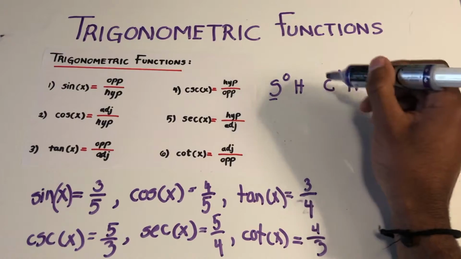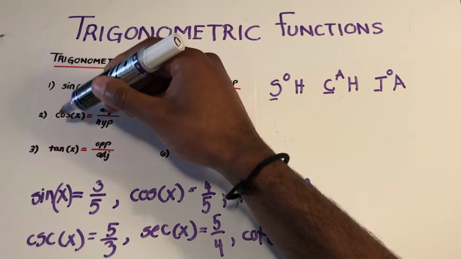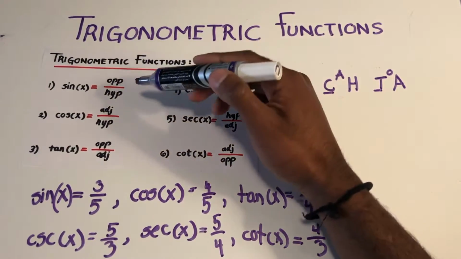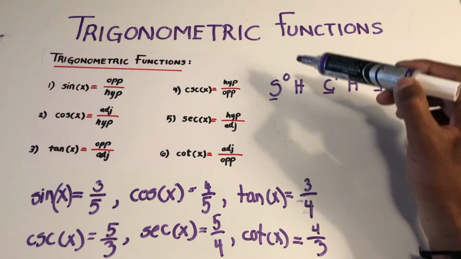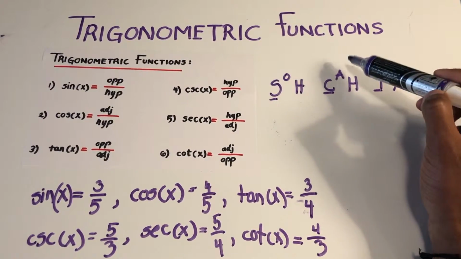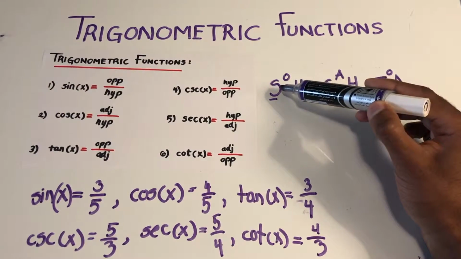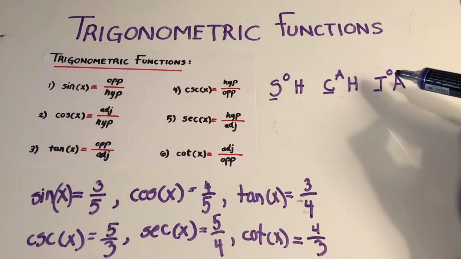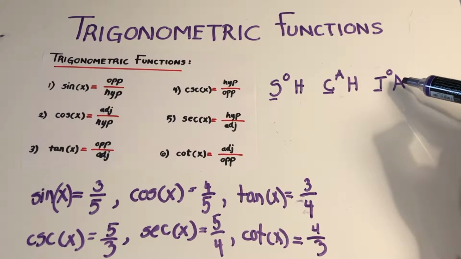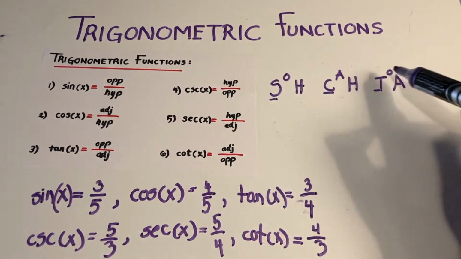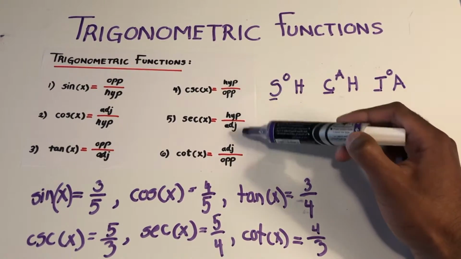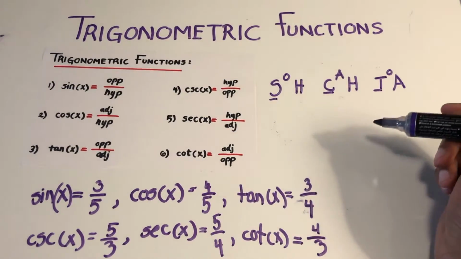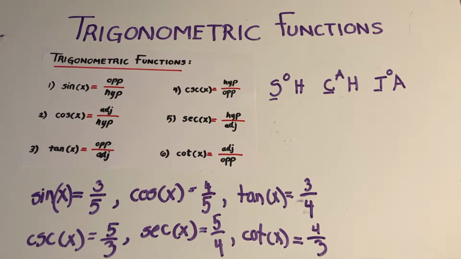This stands for sine, cosine, and tangent. These letters correspond to the sides of the triangle. We have O for opposite, H for hypotenuse, and A for adjacent. So sine would be opposite over hypotenuse. Cosine would be adjacent over hypotenuse. Tangent would be opposite over adjacent. And of course, if you memorize these, you can easily figure out the cosecant, the secant, and the cotangent. All you gotta do is just flip those letters, or write them out and then flip them later.